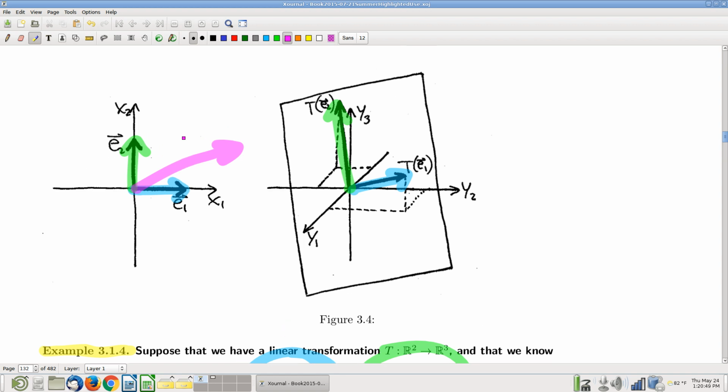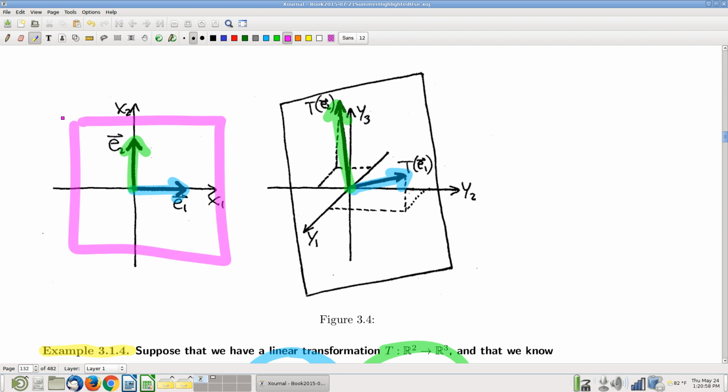Well, the image is going to be 2T of E1 plus T of E2. Whatever linear combination you take of E1 and E2, you're just going to do the same linear combination of T of E1 and T of E2 to get the output. And so I appeal to your sense of geometry.